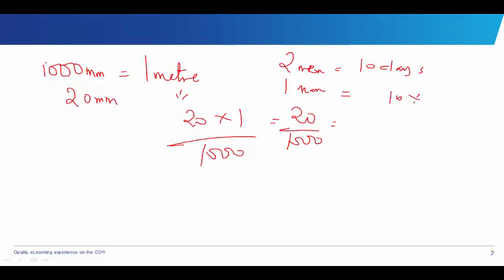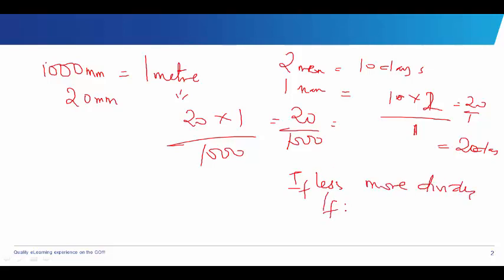So we have 10 times 1 over, since it's more days, the lesser divides. So the lesser is 1 and we have 2 here, so don't make this mistake again. So we have 10 times 2, which is 20, divided by 1. So our answer is 20 days. So don't forget, if less, more divides.